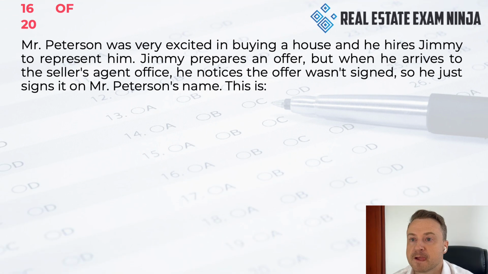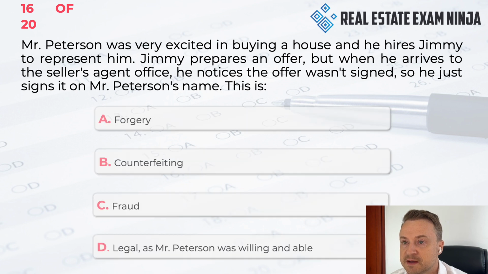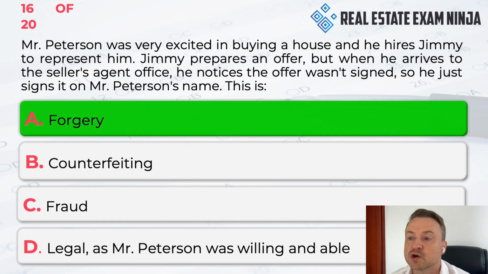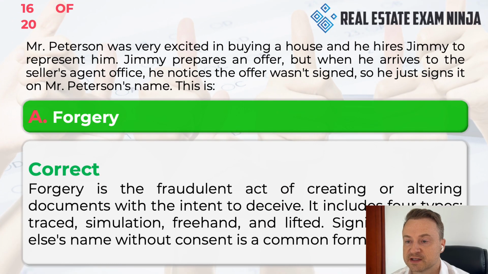Mr. Peterson was very excited about buying a house, and he hires Jimmy to represent him. Jimmy prepares an offer, but when he arrives at the seller's agent office, he notices that the offer wasn't signed, so he just signs it in Mr. Peterson's name. Is this forgery, fraud, legal, counterfeiting? It's a forgery. Obviously.